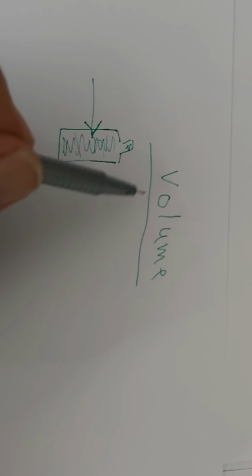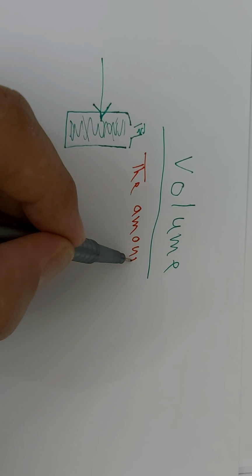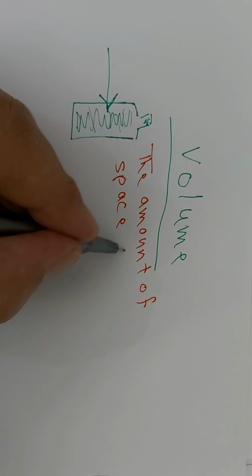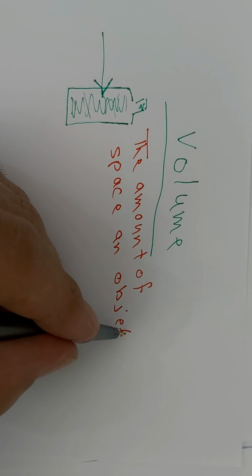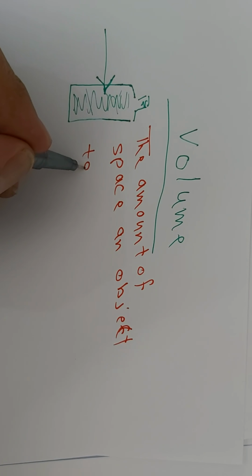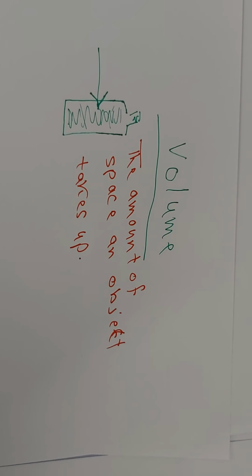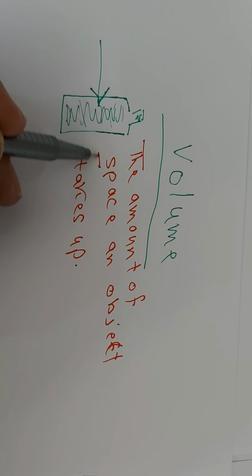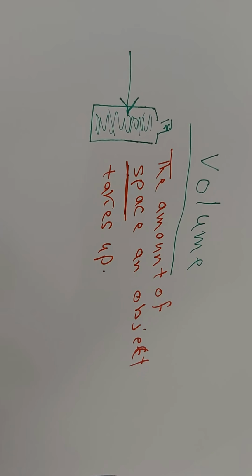So what is volume? The amount of space an object takes up. The amount of matter is mass, and the amount of space, we call it volume.